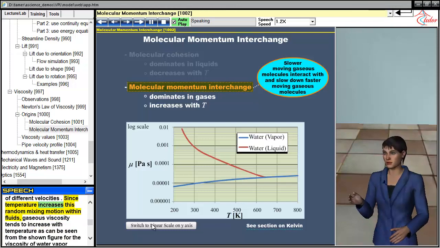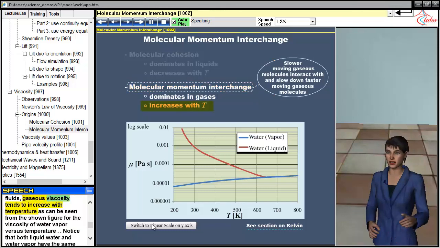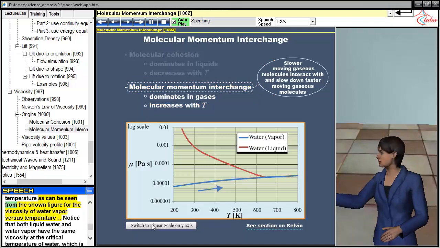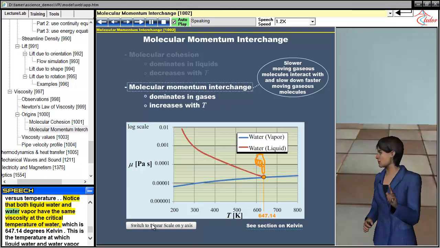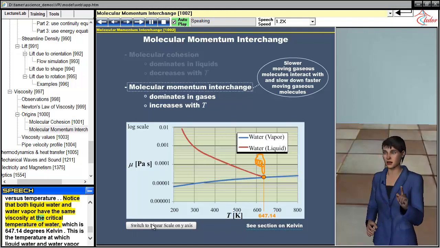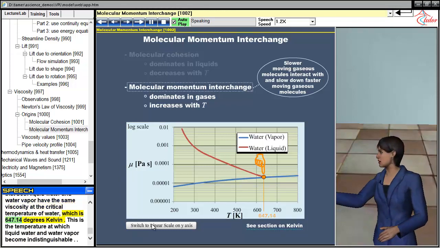Since temperature increases this random mixing motion within fluids, gaseous viscosity tends to increase with temperature, as can be seen from the shown figure for the viscosity of water vapor versus temperature. Notice that both liquid water and water vapor have the same viscosity at the critical temperature of water, which is 647.14 degrees Kelvin. This is the temperature at which liquid water and water vapor become indistinguishable.